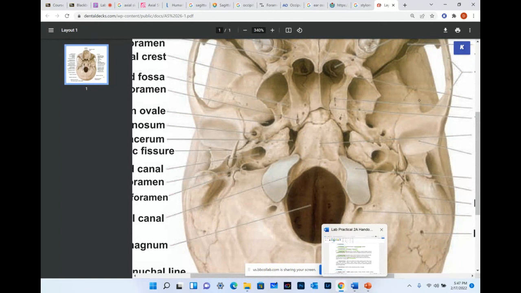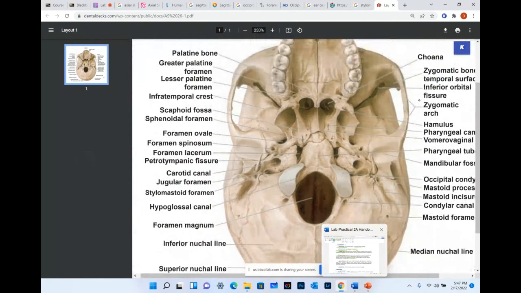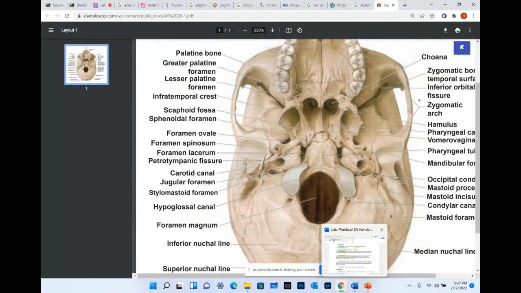This right here is your carotid foramen or the carotid canal. This right here. And behind it, right here, is jugular foramen.